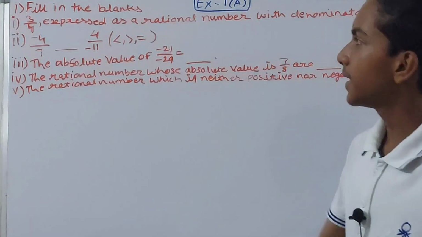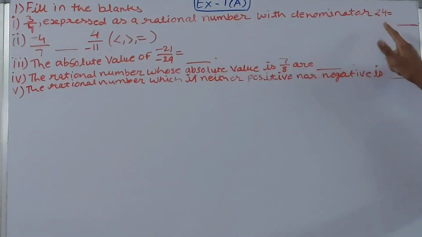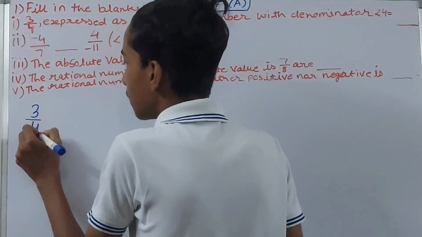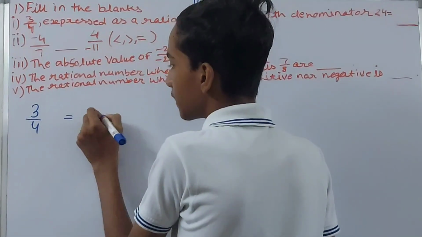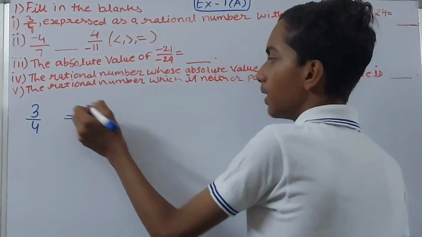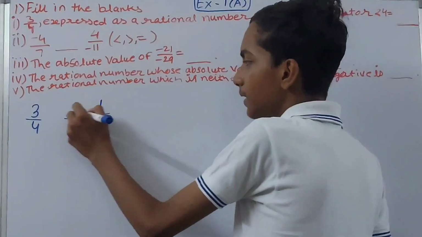See, the first one is 3 by 4 expressed as a rational number with denominator 24. Now see here, 3 by 4 we have to express it as a rational number with the denominator 24, right? The numerator is not given, so we have to fill in this numerator.